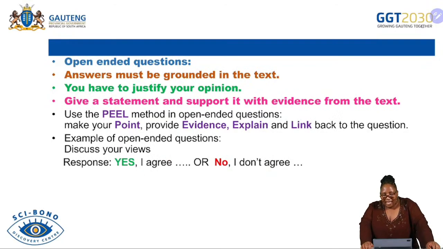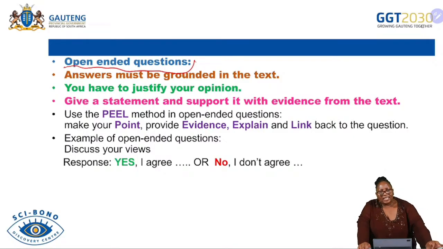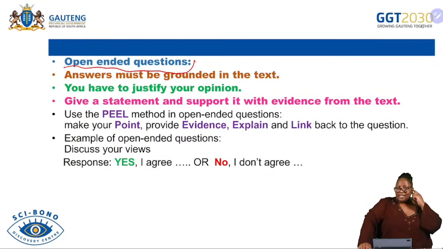We have the last set of questions. Those are open-ended questions. Also, these open-ended questions must be grounded in the text. A general statement is made, and you have to give your opinion. Firstly, what do you need to do?